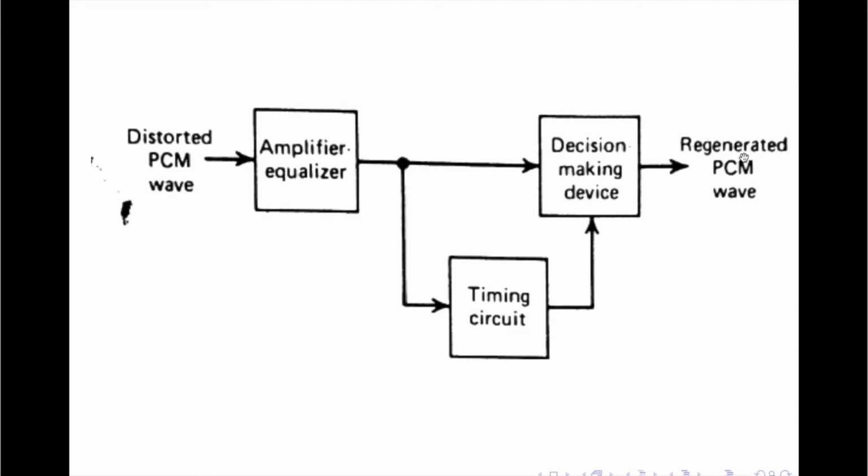The first one is the presence of noise as well as interference causes the repeater to make wrong decisions occasionally, thereby introducing bit errors into the regenerated signal. Secondly, if the spacing between the received pulses deviates from its assigned value, then a jitter is introduced into the regenerated pulse position, thereby once again causing distortion. If these two effects can be minimized, then the PCM will provide a very high efficiency of transmission.